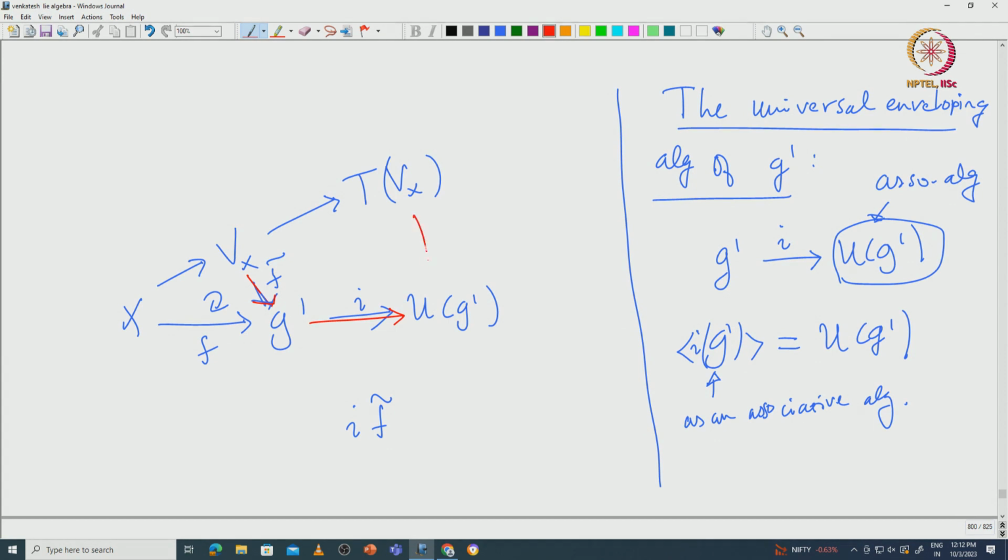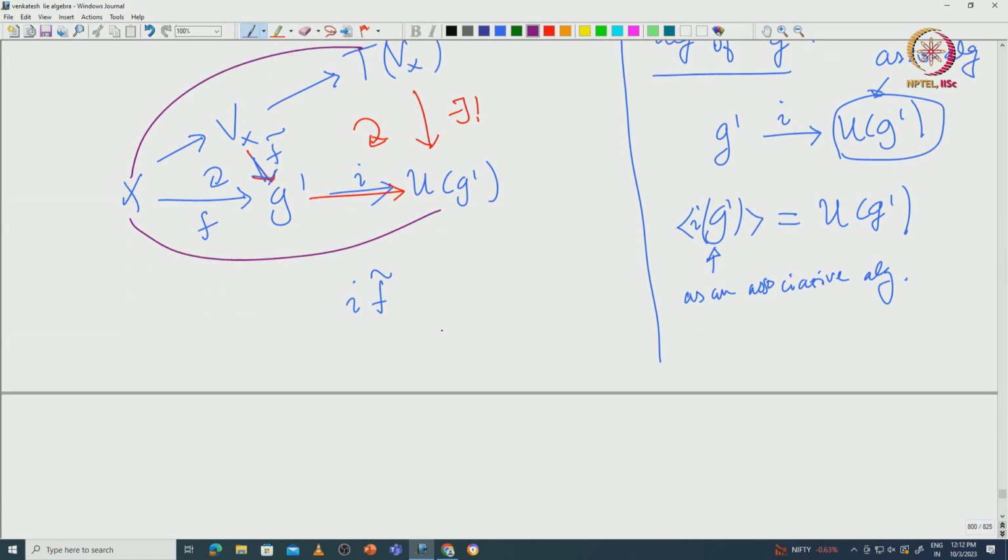Then there exists a unique extension such that this diagram commutes. If you put them together, from x to TVx and x to Ug dash, this diagram commutes.